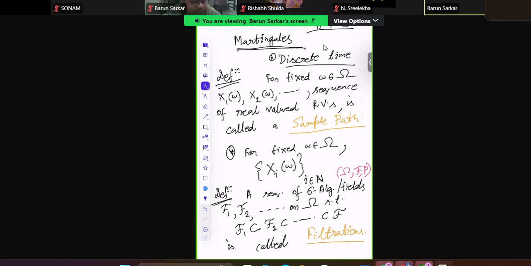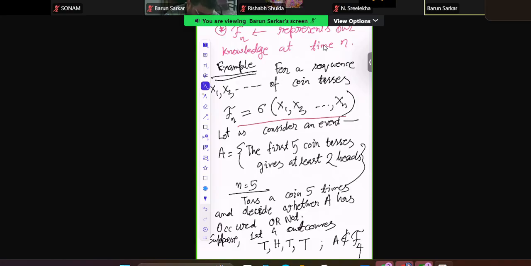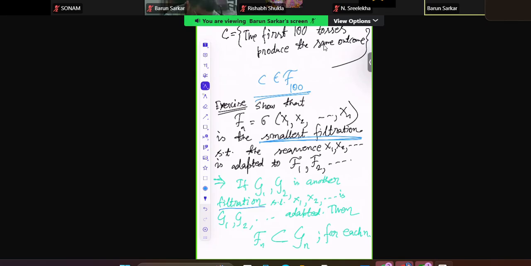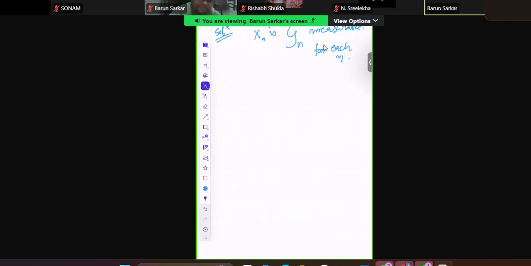Now Gn is also a filtration, right? So this means G1 is contained in G2, contained in G3, and it goes on.